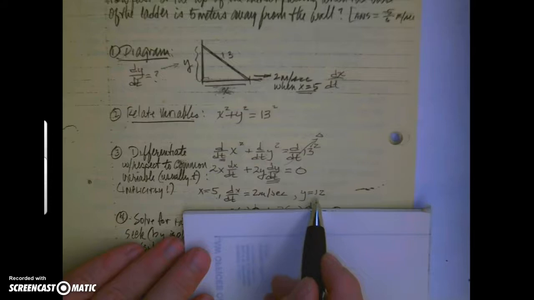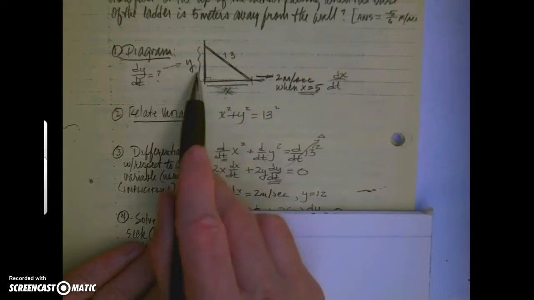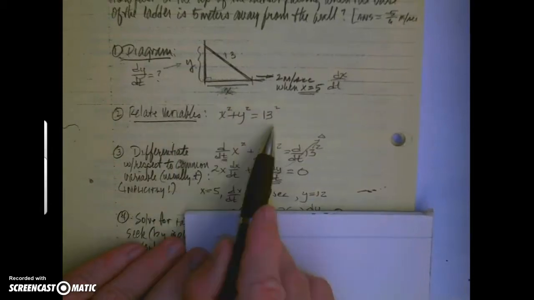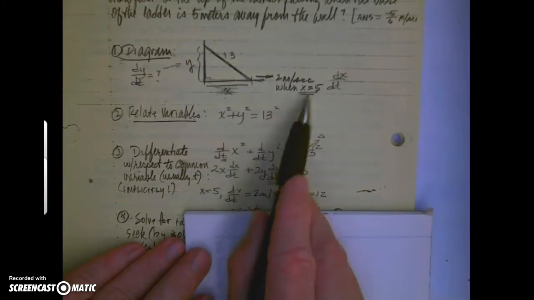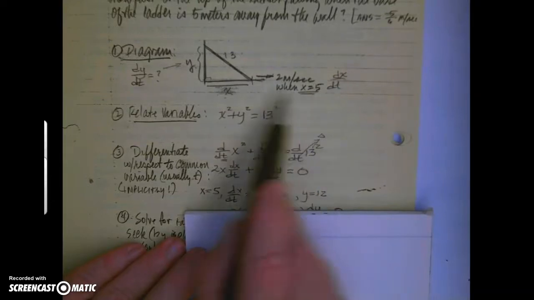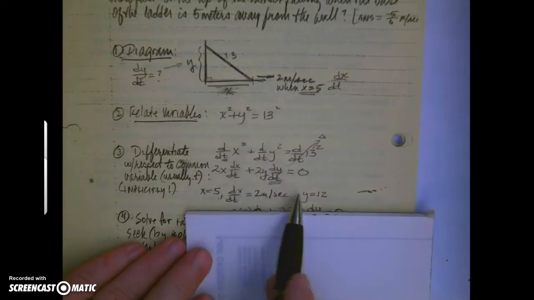And we can also figure out that y is equal to 12 by using the Pythagorean theorem. Usually one of your variables won't be given, but by using the original formula, you can figure out what that variable's value is at a specific point in time. The specific point in time is x equals 5, so by using triples, I have a 5, 12, 13 triangle, and so y is equal to 12 meters.